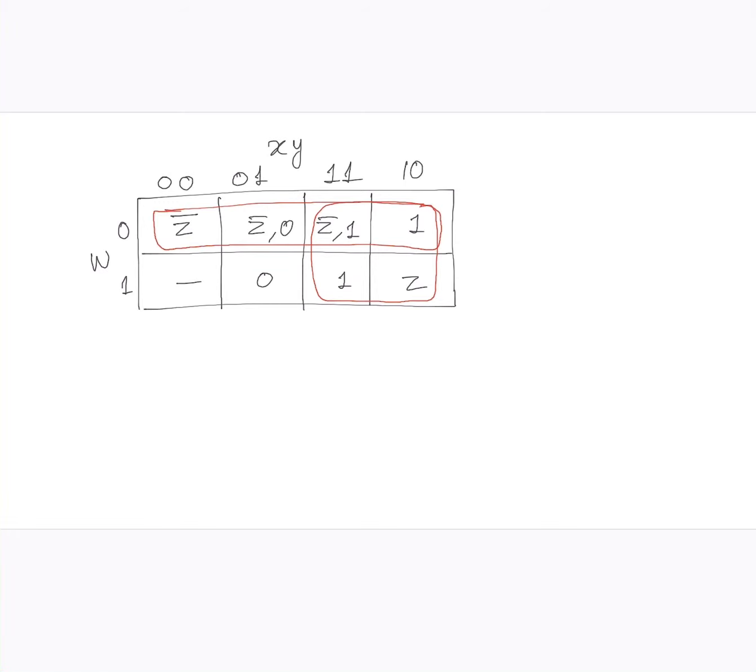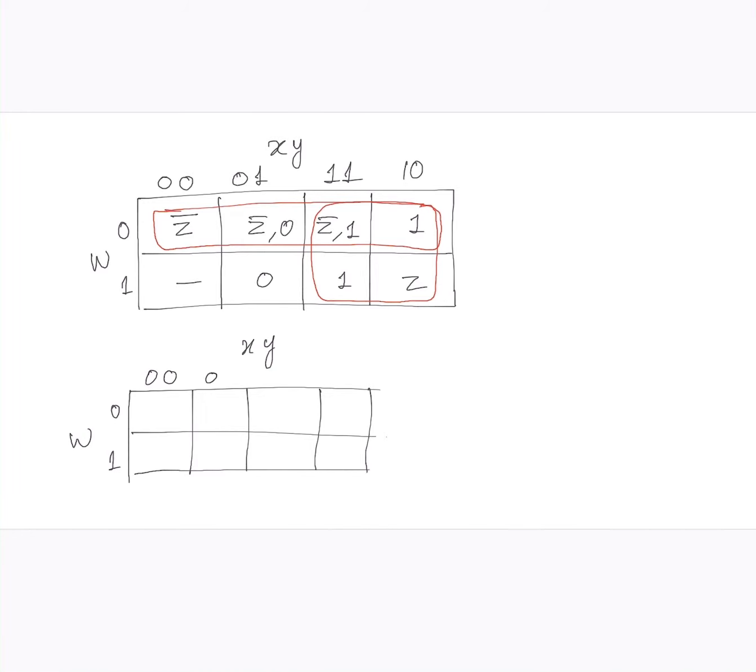Now the next step is to group incompletely covered values. Drawing the map again, the values will be W 0, 1 and XY 00, 01, 10, 11.